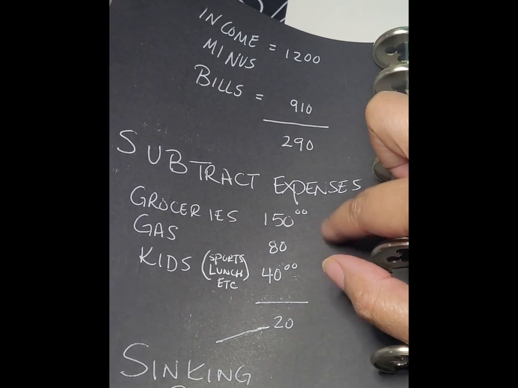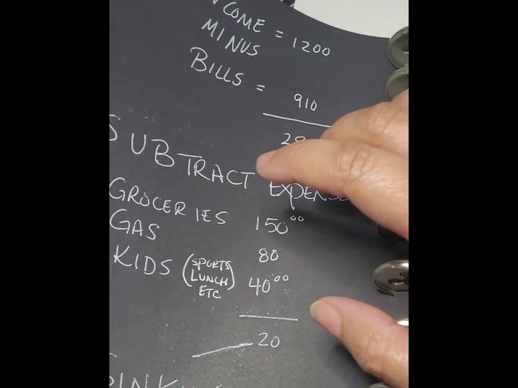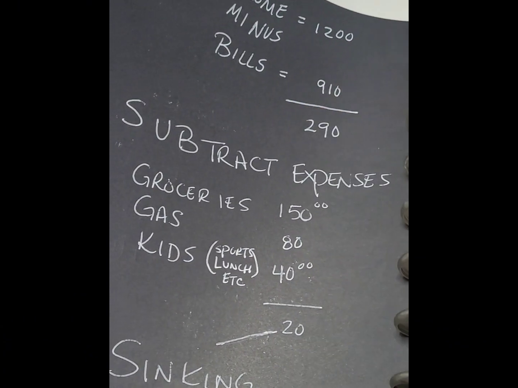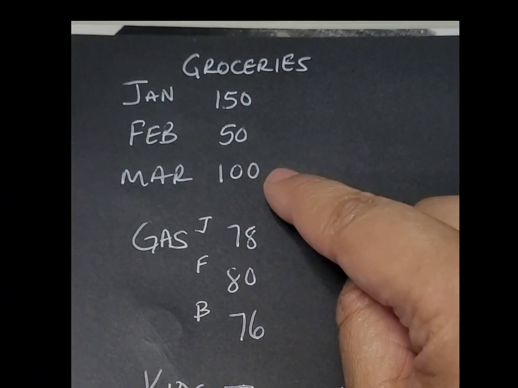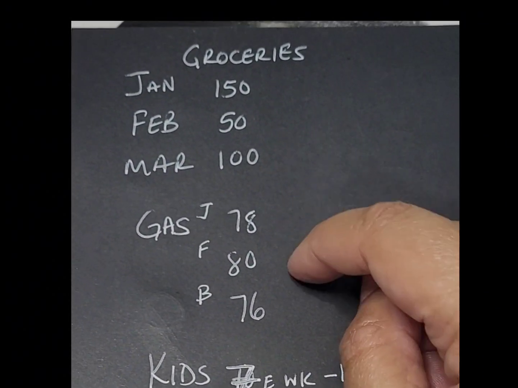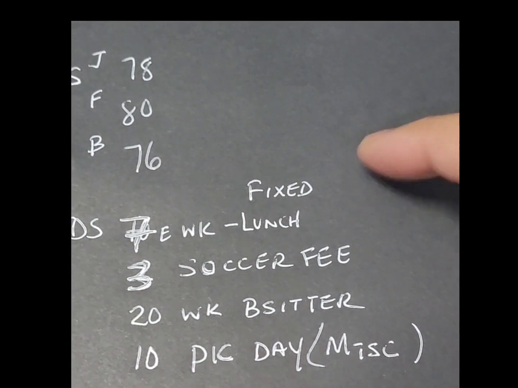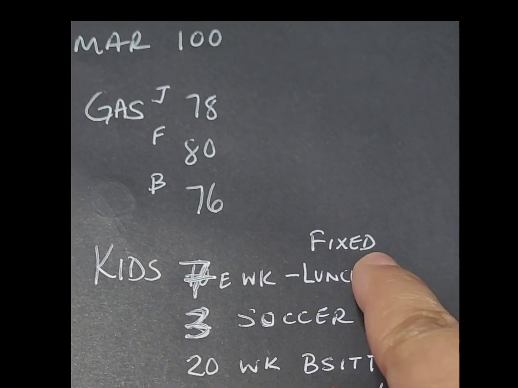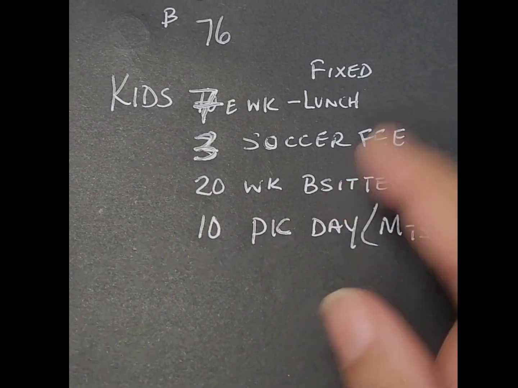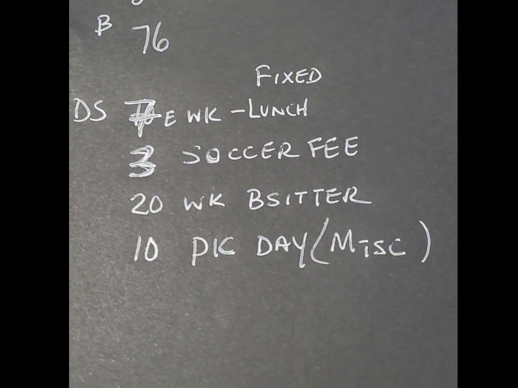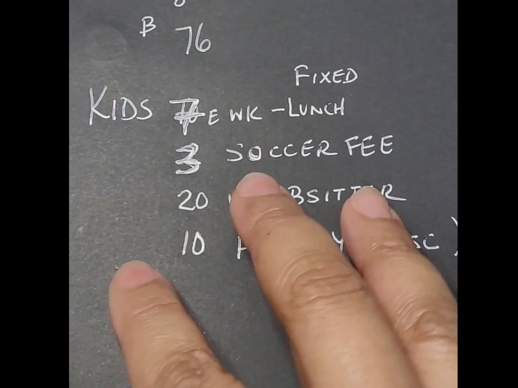And then you will go down here and you find your expenses. Now you will also be doing these for 3 months as well. So up here you have 150, 50, 100, gas 78, 80, 60, 76. And then for the kids, these are fixed amounts. So you have $7 each week for lunch. You got a $3 soccer fee. You got $20 a week for maybe his sister or brother watching and babysitting. And then something miscellaneous like picture day or something pops up.